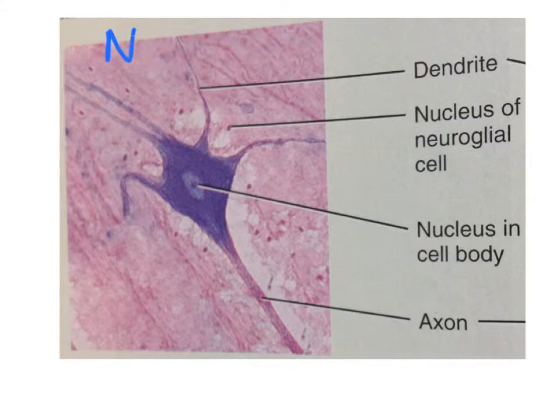Anything with the prefix neuro means it plays some role in the nervous system. Neurons are the building blocks of the nervous system and are located in the brain, spinal cord, and peripheral nerves.